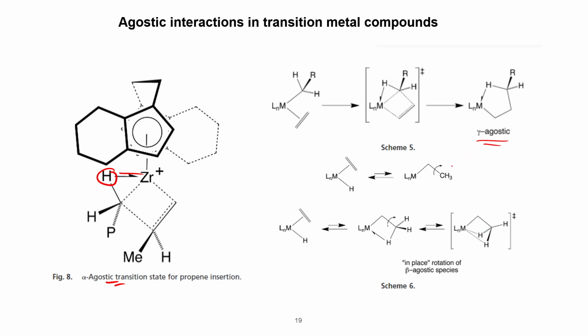With rotation, all three hydrogens can interact, and in that way they have shown. With two hydrogens itself, there are two agostic effects. Both of the hydrogens are in this kind of fashion, so that they have some interaction. This can be seen here.